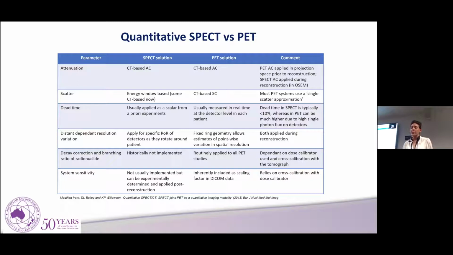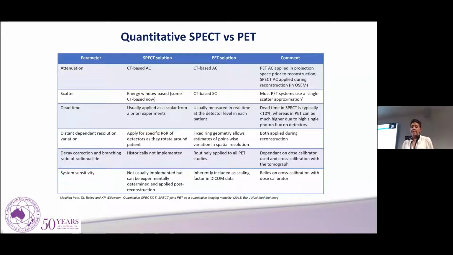Now, I think part of the historic reasons why things have been a bit more complicated with the generation of quantitative data in SPECT is that a lot of these corrections are specific to the energy of the radionuclide being used, which obviously in SPECT is changing. In PET we have just the 511 keV photons, so things can be a bit more simple.